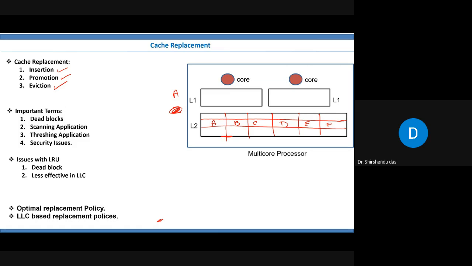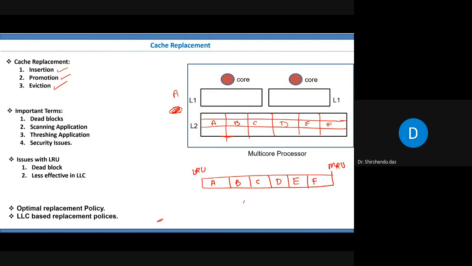One more concept is important to understand. For each set, the hardware maintains a separate hardware unit for maintaining the replacement. So suppose A, B, C, D, E, F. There will be a separate hardware unit like this where the LRU position will be maintained. Let us assume that this side is LRU, this side is MRU.